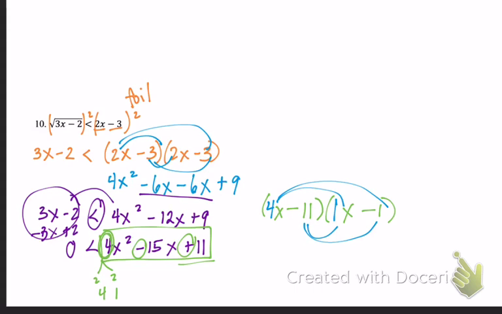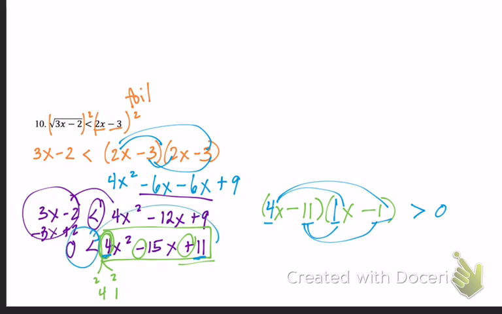If you tried 2 and 2, you would end up seeing that it doesn't work out. So guessing and checking is my suggestion of what to do. So 2 numbers that multiply to get 4 here and here, 2 numbers that multiply to get 11 here and here. So once I have factored it, that is all greater than 0.